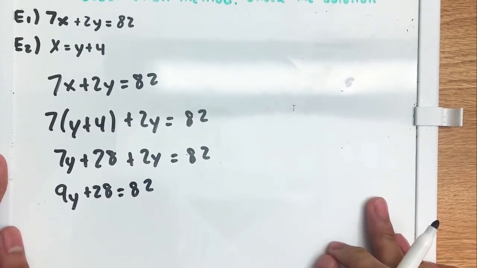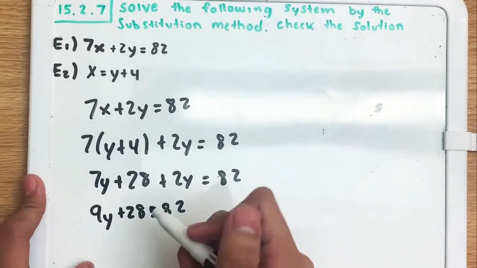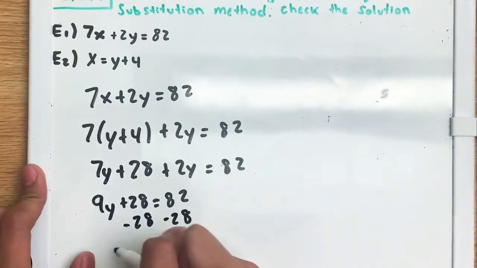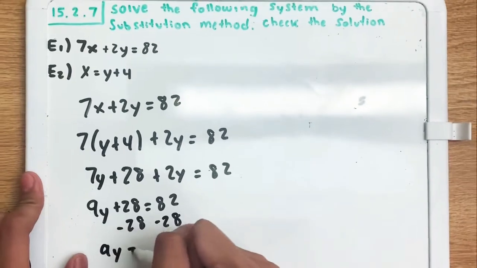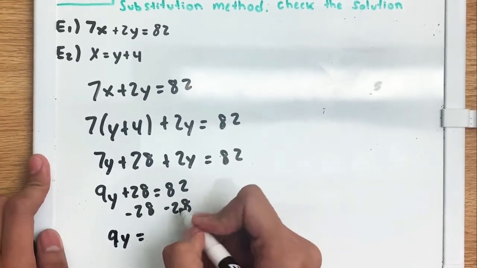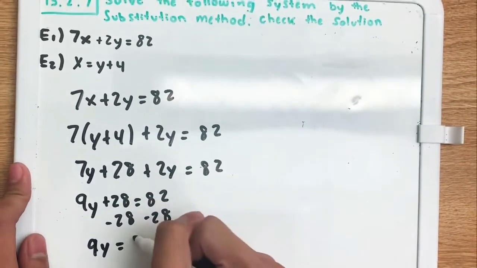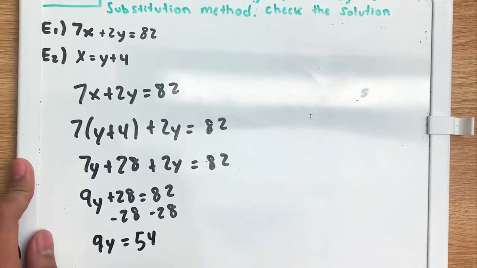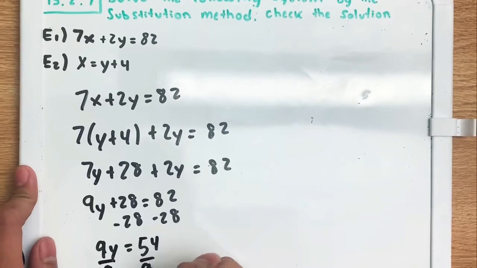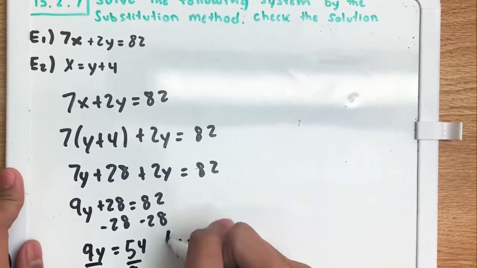Now we're going to try to find y alone. So we're going to subtract the 28 from both sides. 82 minus 28 gives us 54. And we're going to divide by 9, and our y is 6.